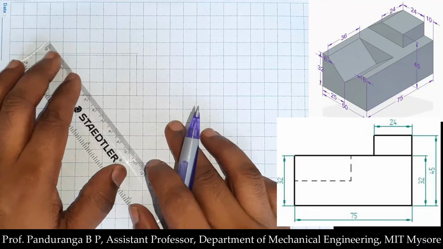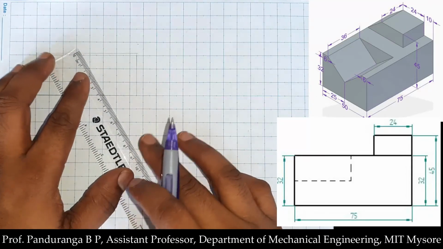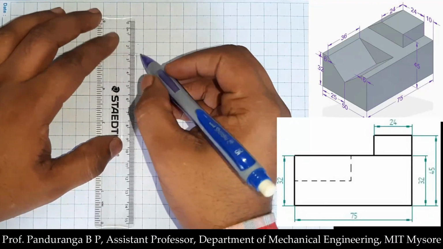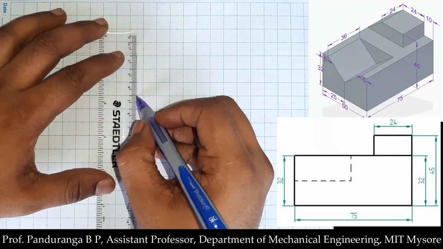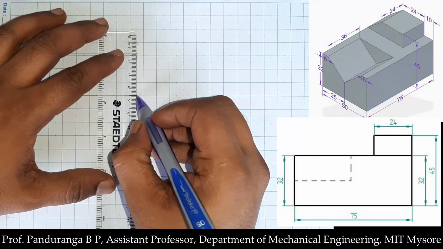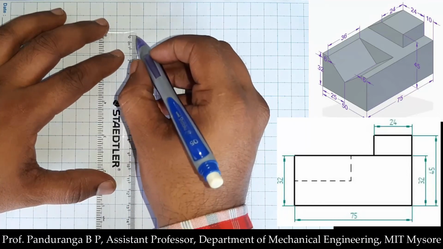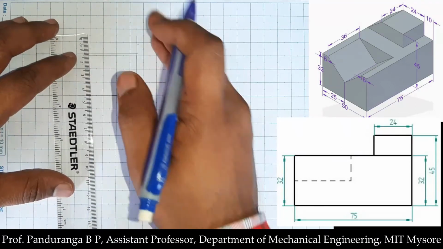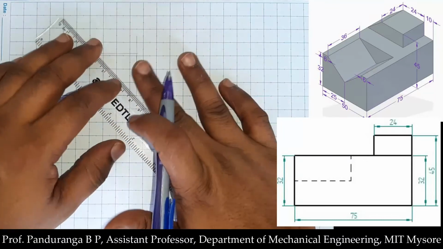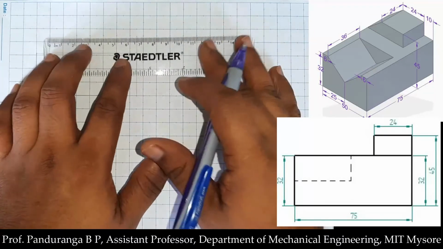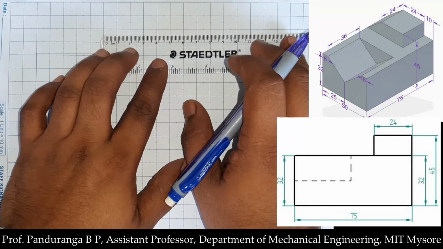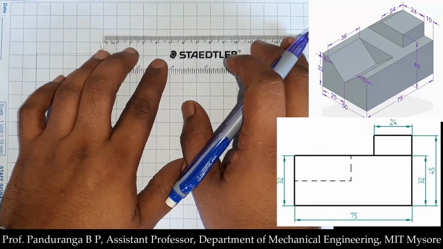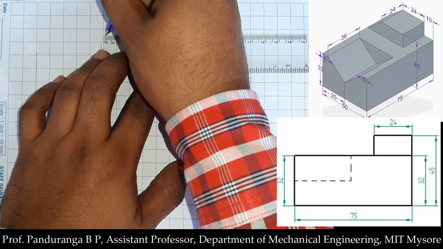Now I need to draw the top section. There are two additional features. One is at the top and from the base the total height is 45 millimeters. So from here I will measure 45 millimeter and draw a line. After that, the width of that is 24 millimeter, so I'll measure 24 millimeter and draw a horizontal line here.